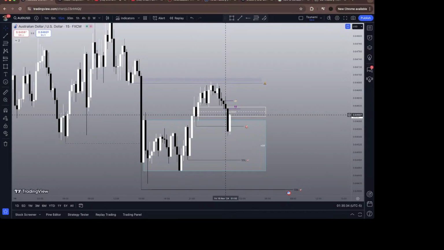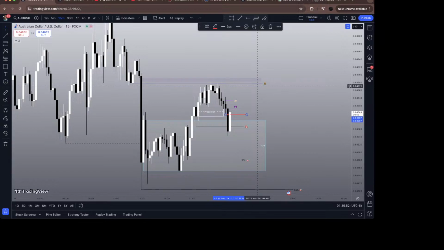I would expect a break and retest reaction here. So let's see what we get here. Nope. See, it fully disrespected that break and retest. It's trading above the retest zone. And this is where people get smoked.